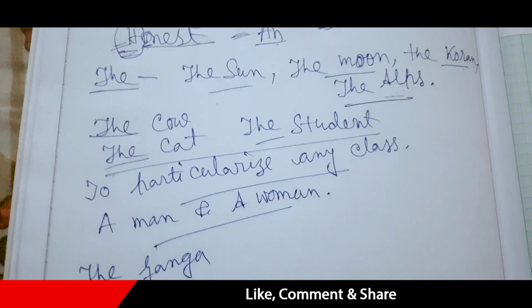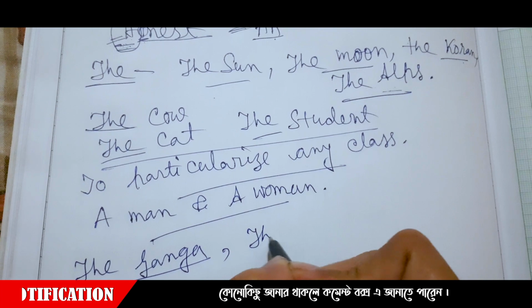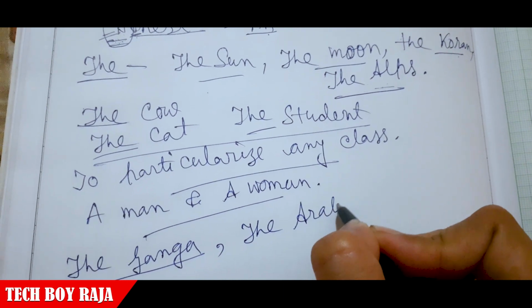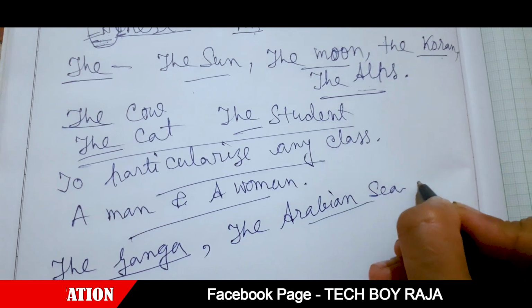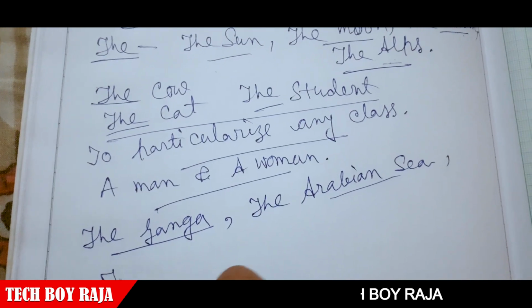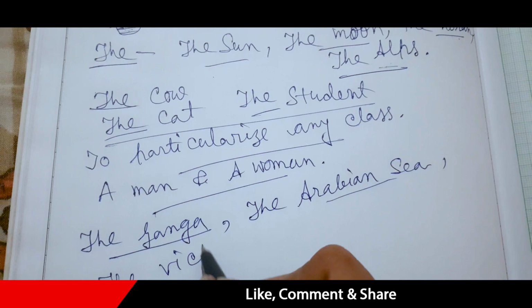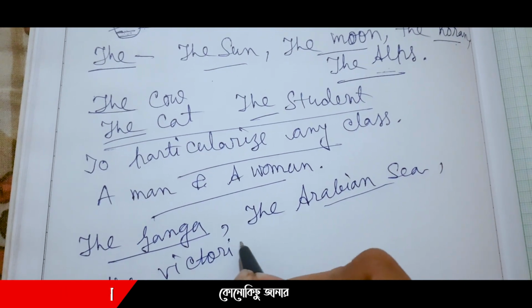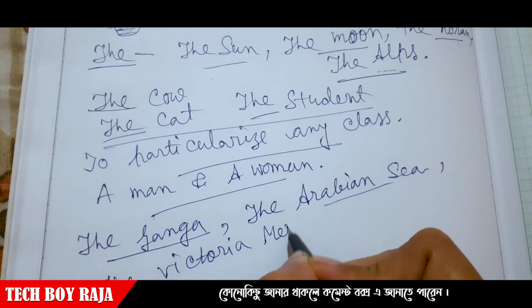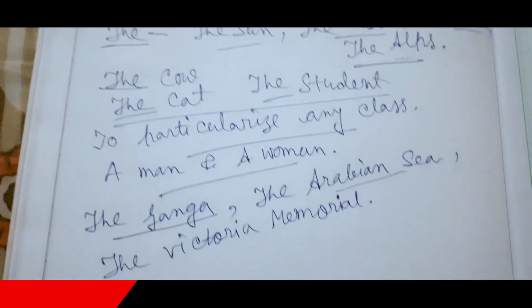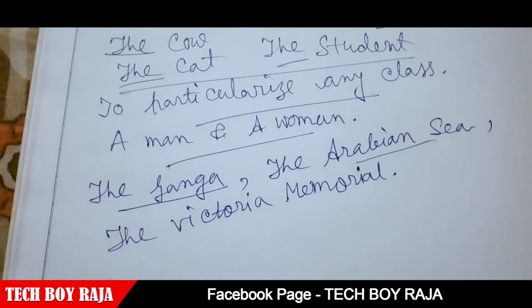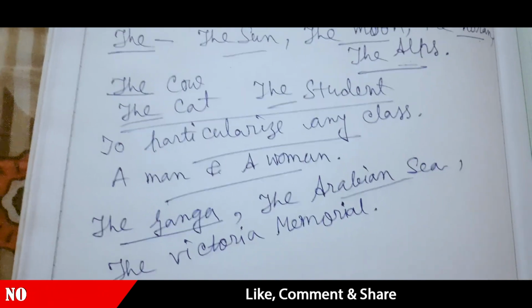The Ganga, the Arabian Sea. Then the Victoria Memorial, like this many more are there. So you have to particularize the object as a place. That time you can use the definite article.